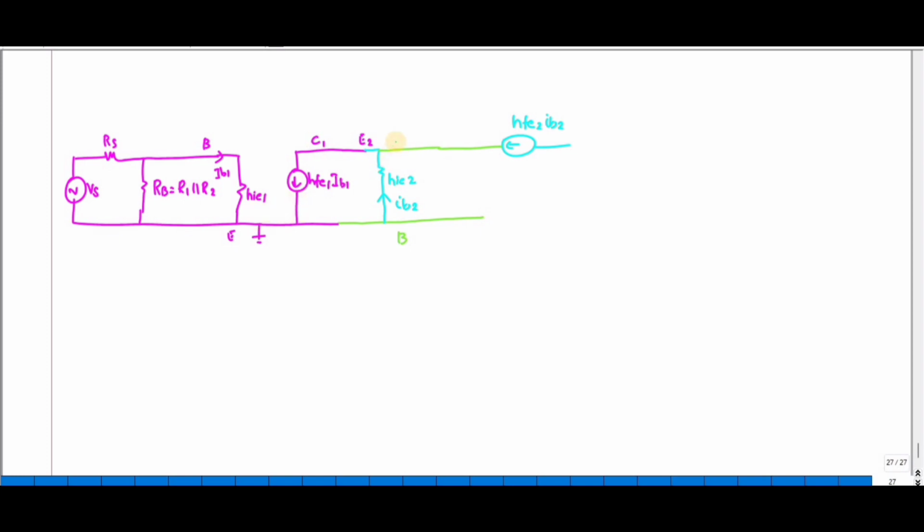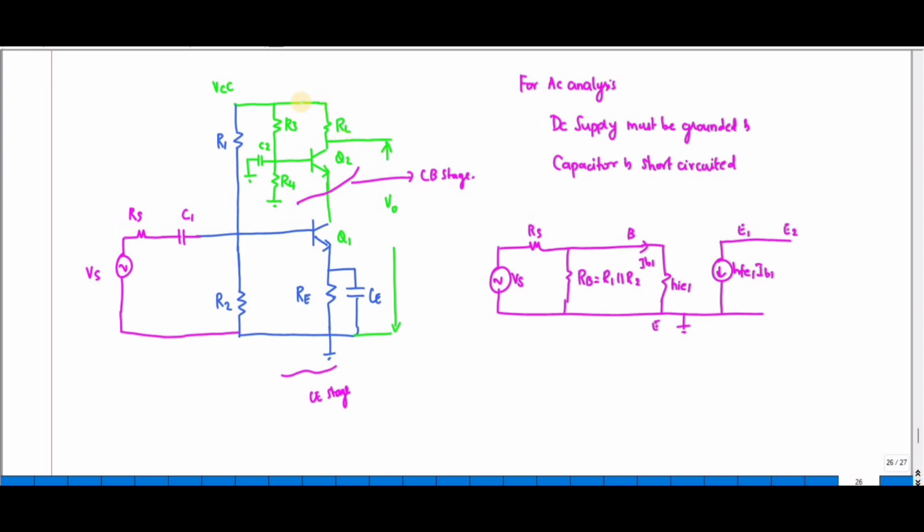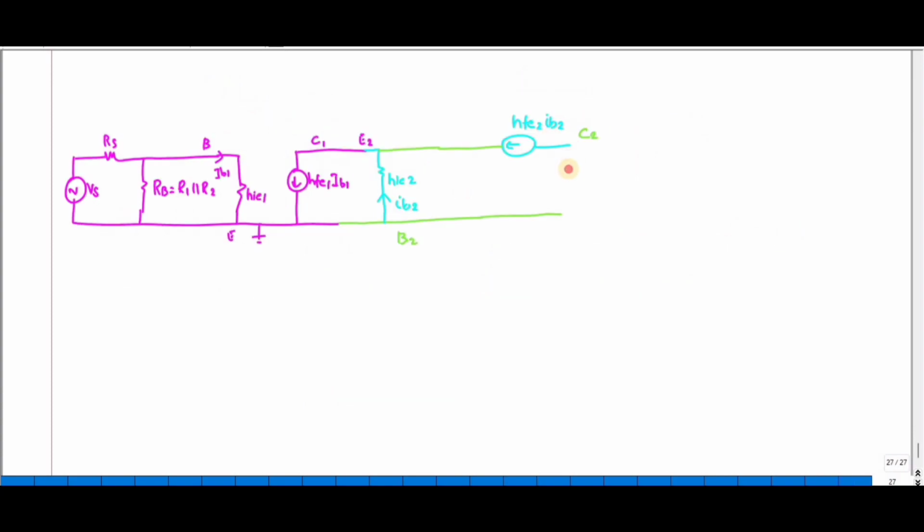The collector of the first transistor is connected to the emitter of the second transistor. Since the base is grounded, the collector of the second transistor with RL must be connected to the ground. So here you have RL.